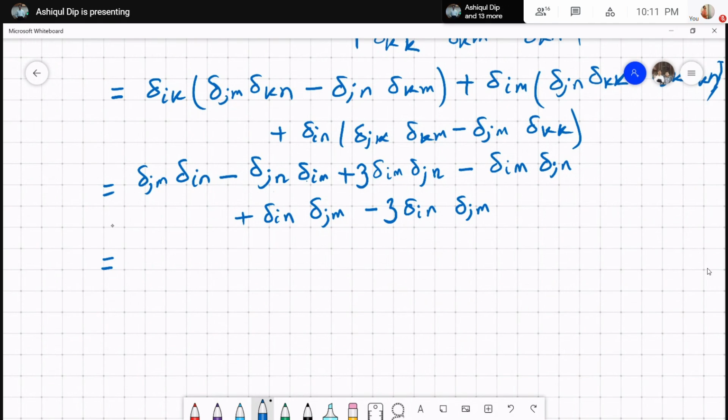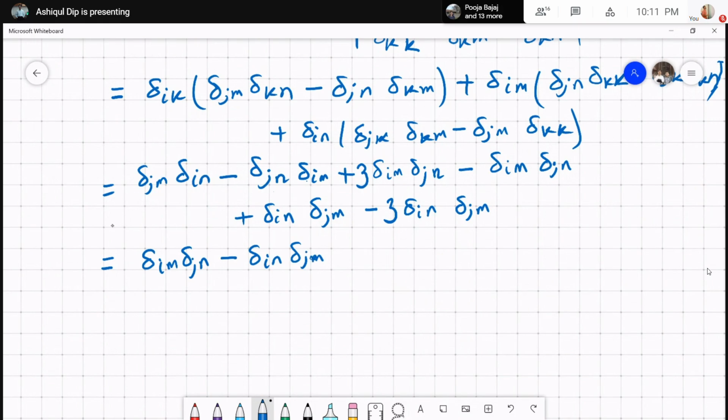So minus 1 plus 3 minus 1 means we're left with delta im, delta jn. These three terms are gone. Then these terms, as you can see, are the same term as well. So it gives you negative delta in, delta jm.